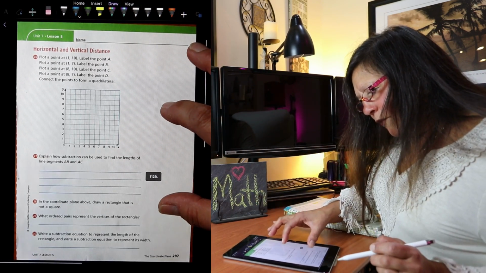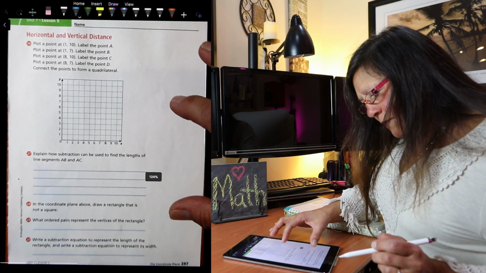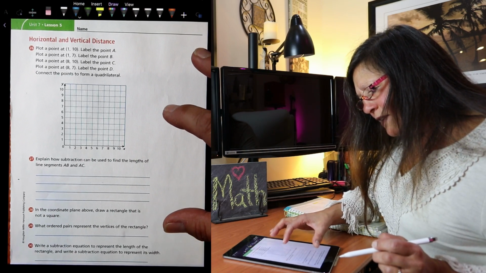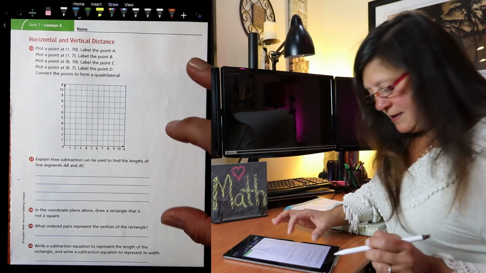Horizontal and vertical distance. Okay, so we're going to plot some here, and then we're going to find the distance of a segment.